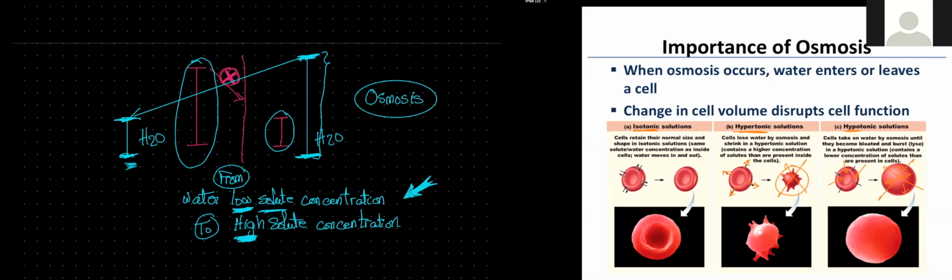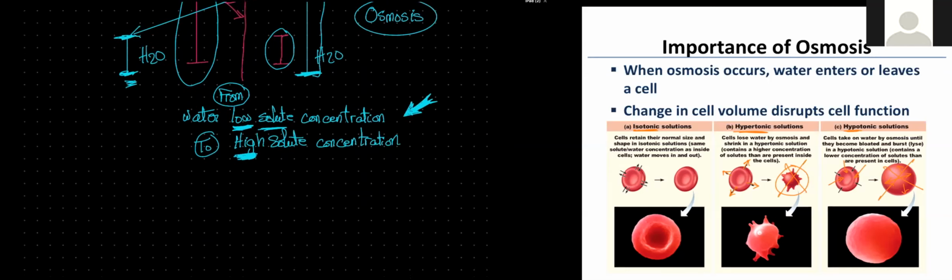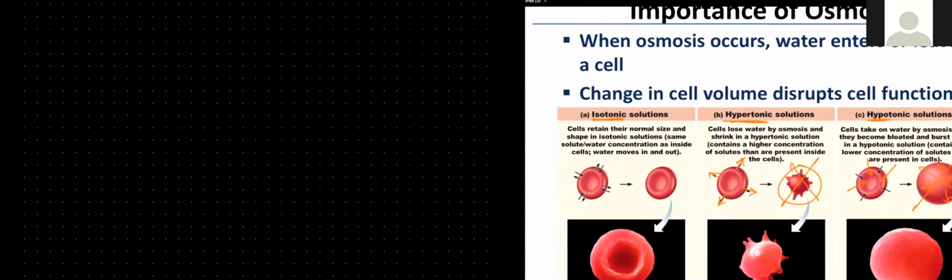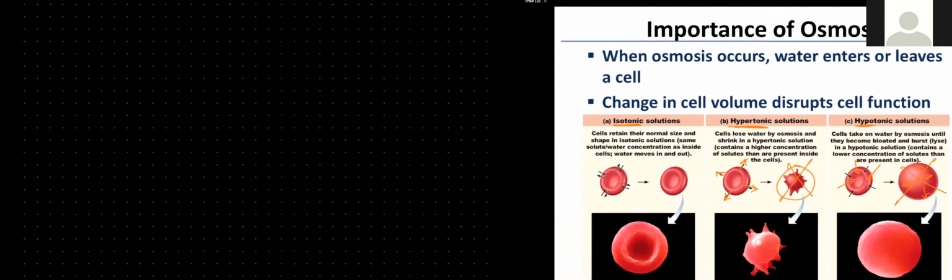We'll see important examples here dealing with the cells in the body. Remember, when you are surrounding the cells, would you surround the cells with fluid that has higher solute content than the cells, lower solute content than the cells, or the same solute content as the cells in terms of osmolarity?